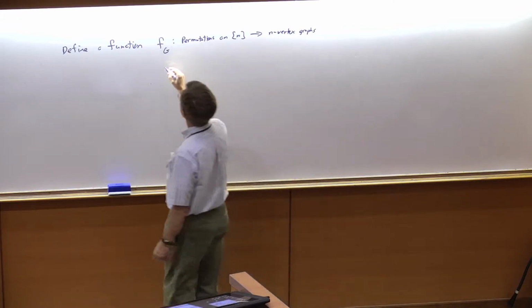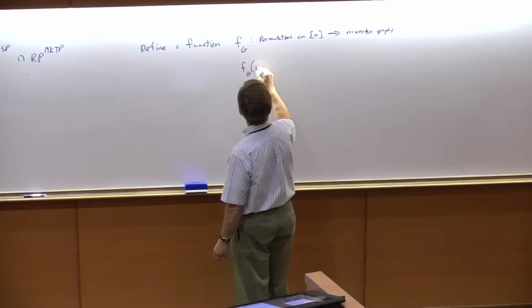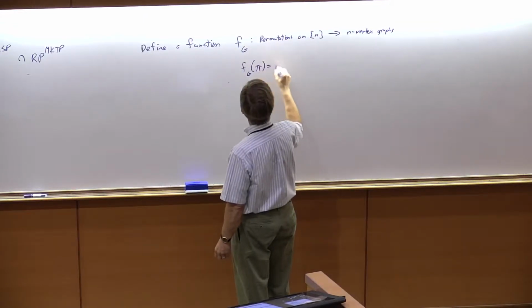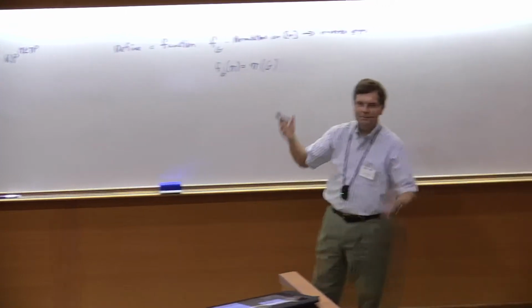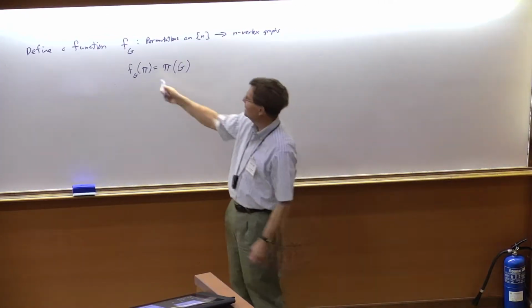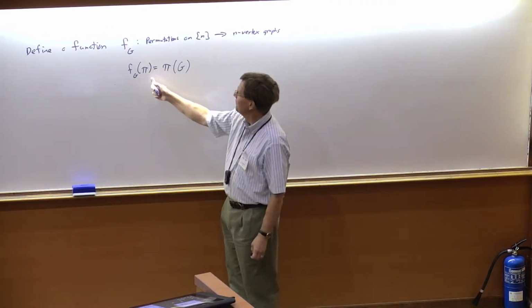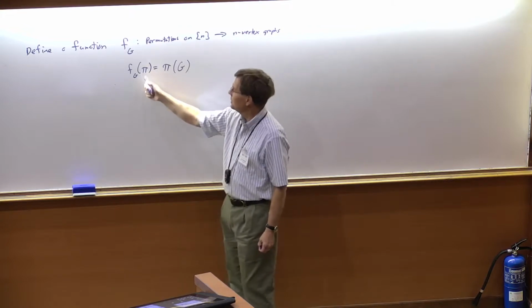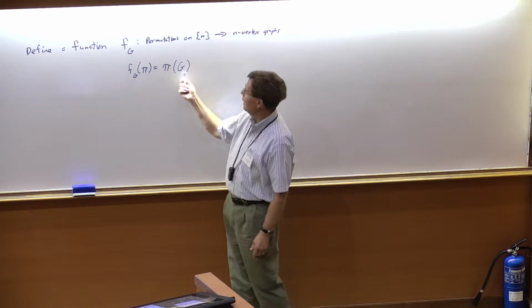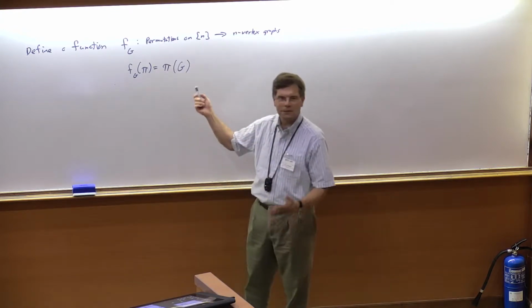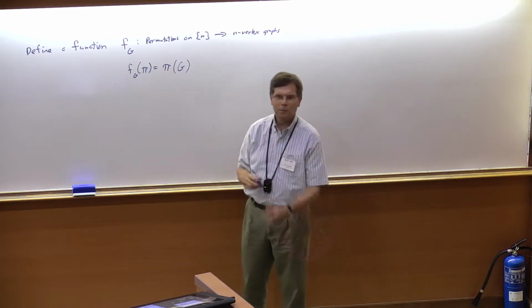As follows, f sub g of pi is equal to pi of g. Here pi is a permutation, and we just output the adjacency matrix of G with the rows and columns permuted by pi.